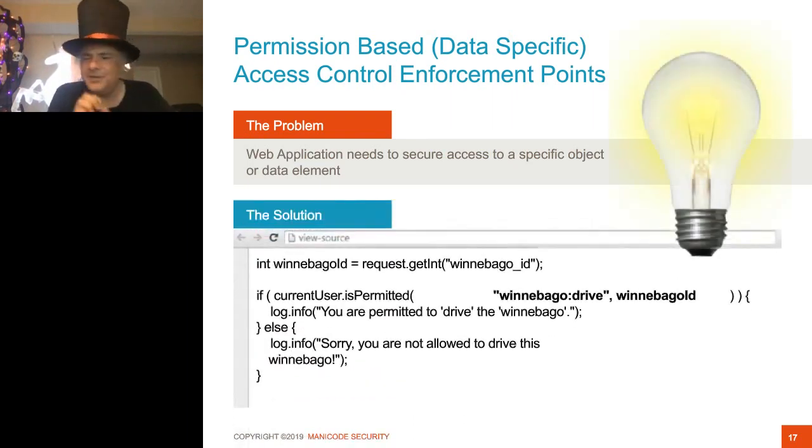In this check, I'm going to see if the user in this game can pilot a vehicle. So I first get the vehicle they're trying to pilot, and I cast that to an integer. So I know I have a real ID for that item. Then I say, if the user is permitted to drive Winnebago of a certain number, they're allowed to do it.